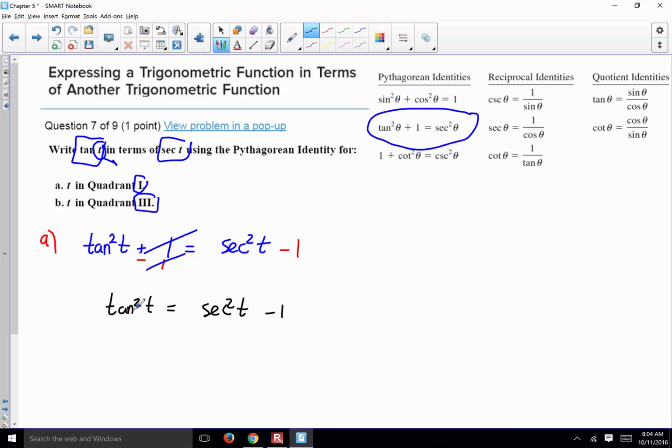Alright, what else? How can I get rid of this square now? Square root. And tangent t is the square root of secant square minus 1. That's it.